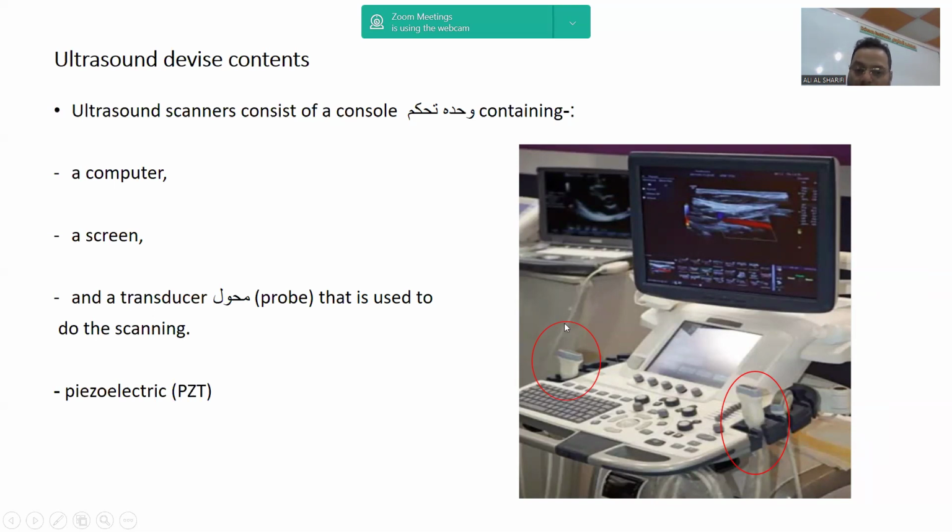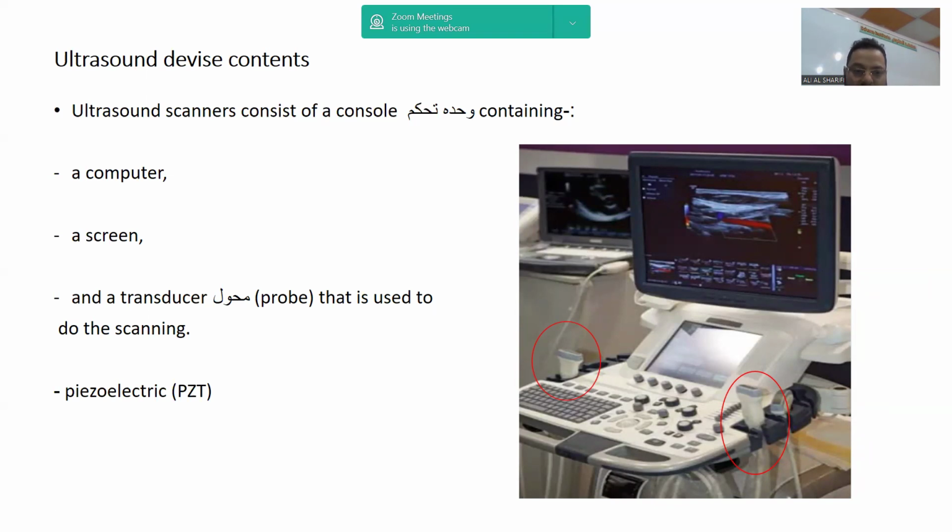This is the probe, or you can say transducer, but probe, in my opinion, is easier. The probe is used to do the scanning.